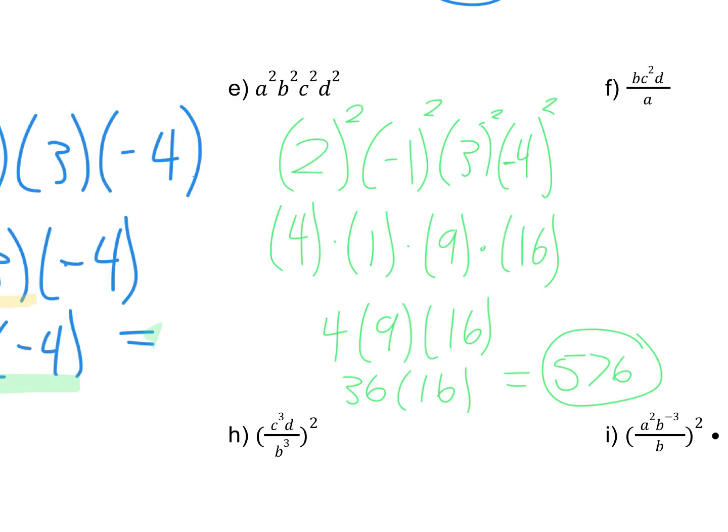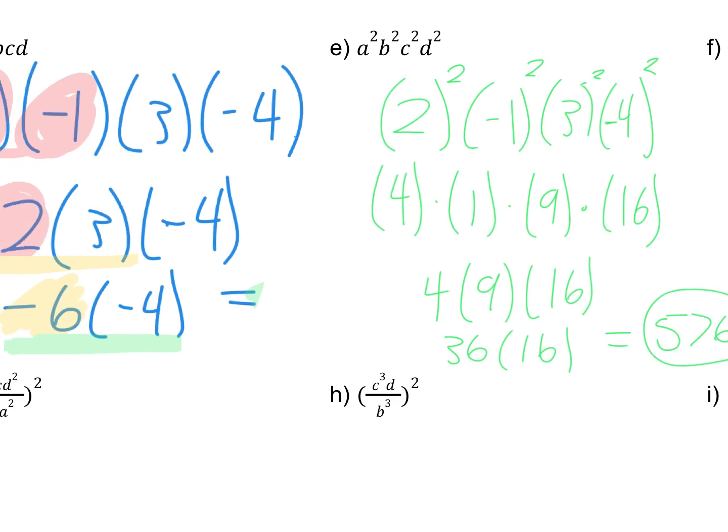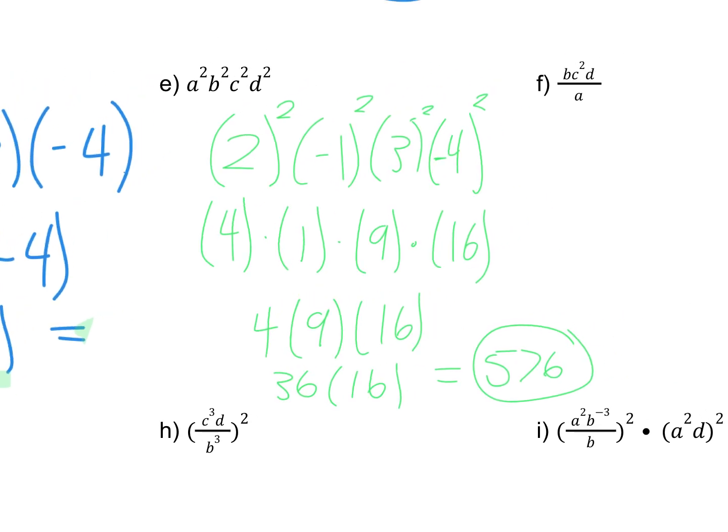Okay, so here's how I did the problem. First, I took all of my values I substituted in for A, B, C, and D, and then I squared each one on its own. So 2 squared got me 4, -1 squared got me 1, 3 squared, 9, -4 squared, 16. Then, once I got here, I followed the same procedure as the last problem.